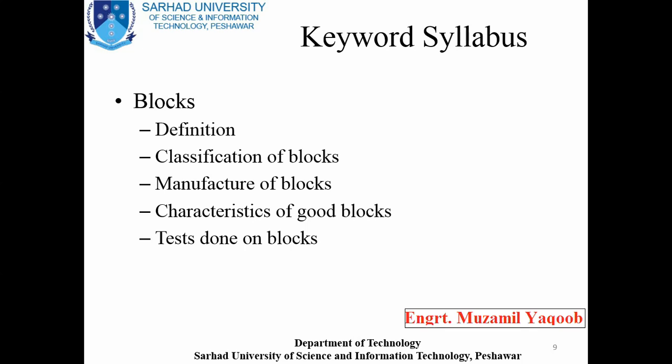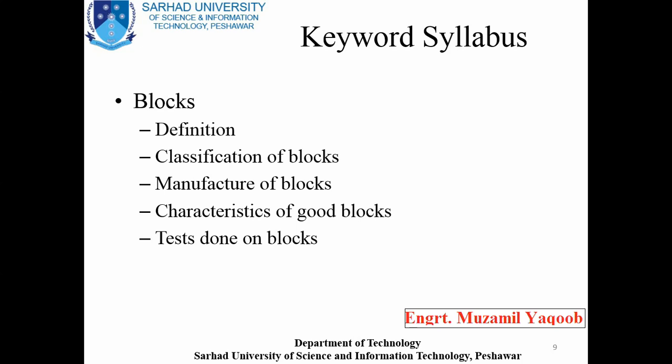In the fourth section of this chapter, we will study the characteristics of good blocks on the basis of defined standards. At the end, the tests done on blocks. Basically, tests are conducted to find out block stability for construction work. Generally, 7 tests are important.